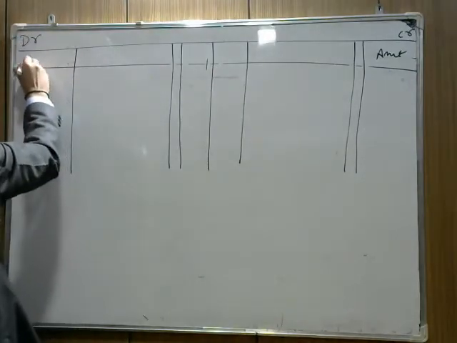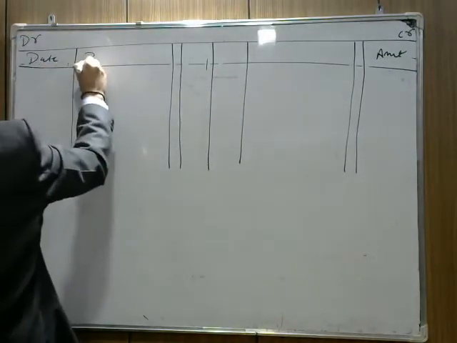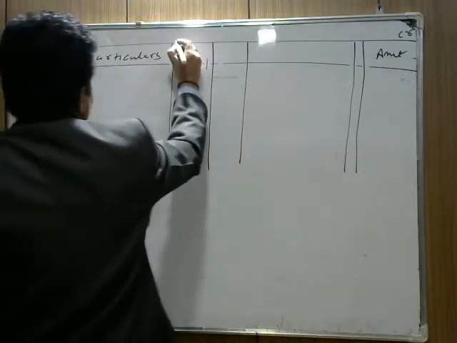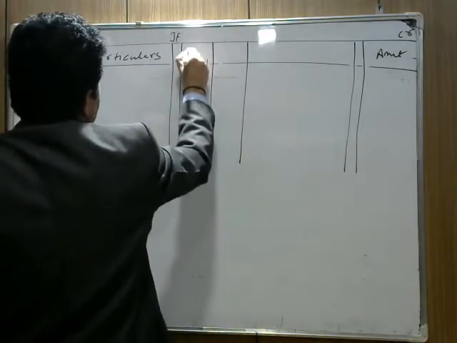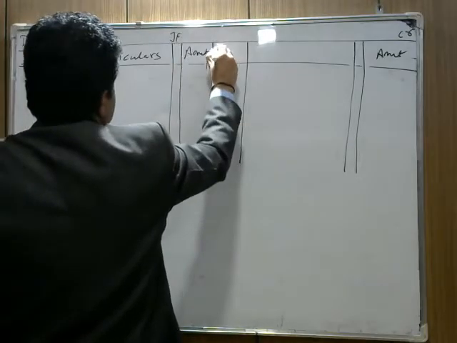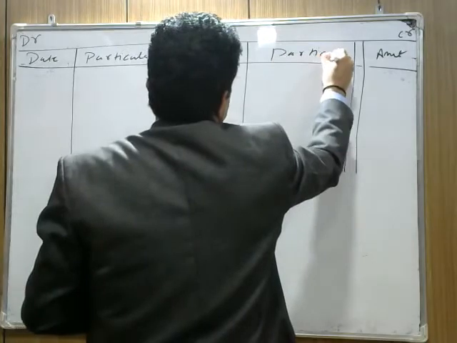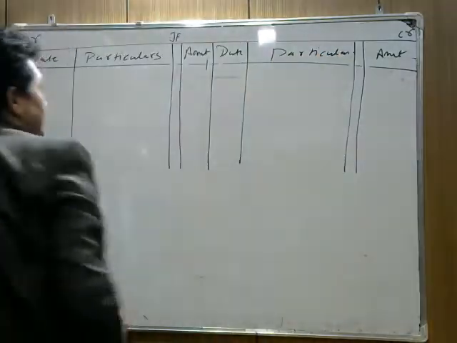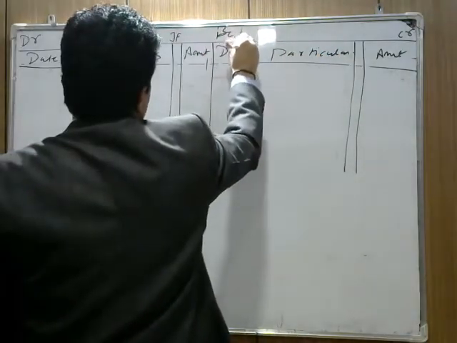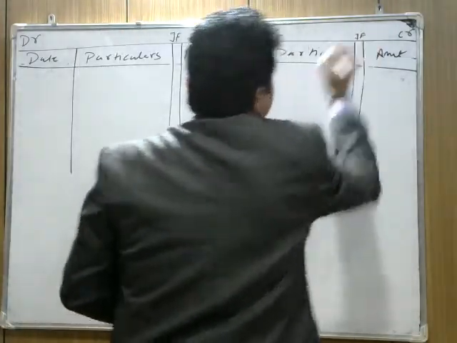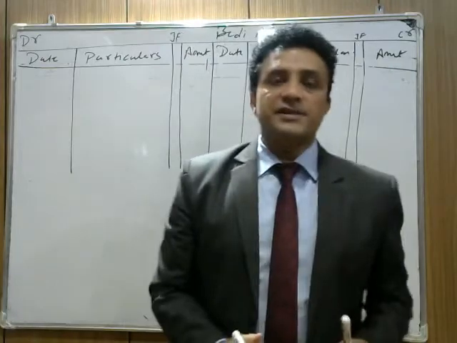On the debit side, we write date, particulars, column of JF, amount in rupees, date, particulars, amount in rupees. Okay, so here we are preparing the Bedi account, column of JF.